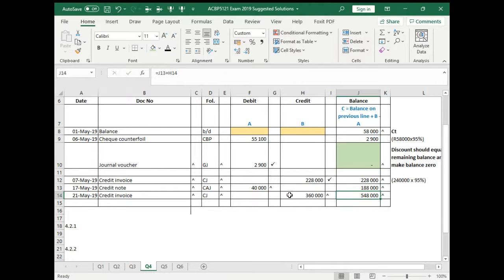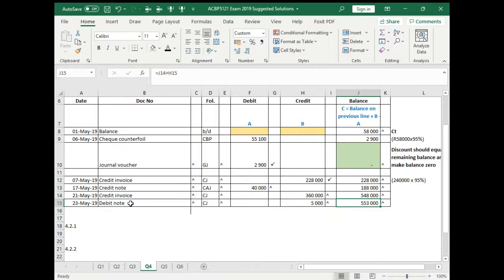Now, because of the fact that they undercharged us, they are increasing our account with another 5,000. So you credit the account with the 5,000. It would have gone to your creditor's journal, that invoice, but in this case, it's a debit note. So it's just the addition to the invoice. And then your closing balance would be 553,000 Rand.